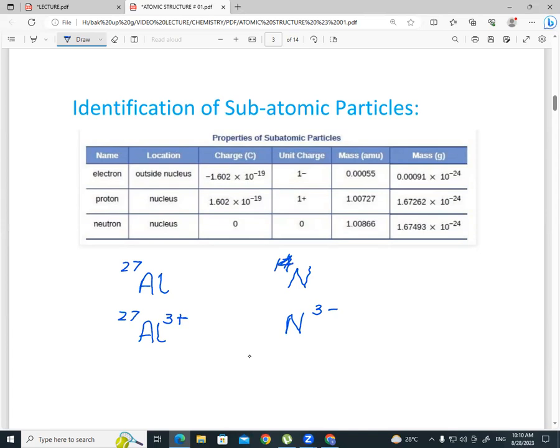So after gaining these 3 electrons, its mass remains 14. It proves that the masses of atoms and ions are not different, they are the same. Why? Because we neglect the mass of the electron when we talk about the mass of an atom.